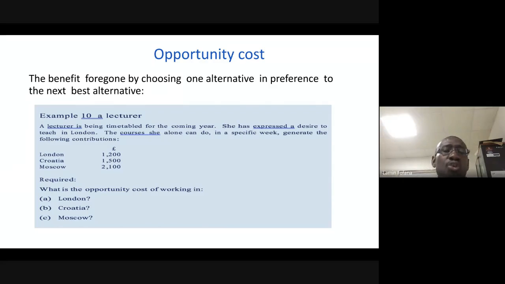But then Moscow is, of course, higher. So it's the next best alternative. That's opportunity cost, isn't it? So the opportunity cost of working in London is teaching in Moscow, foregoing £2,100.